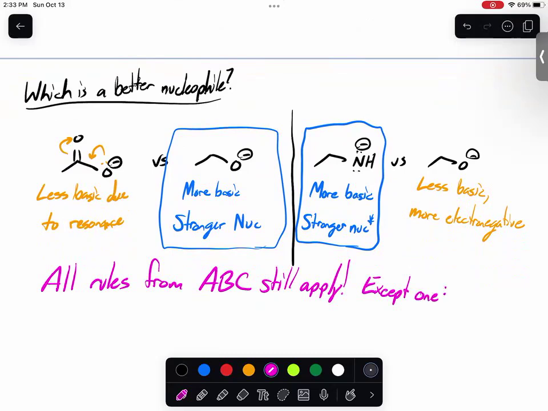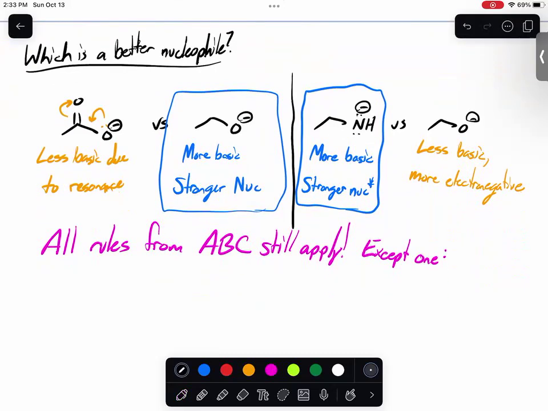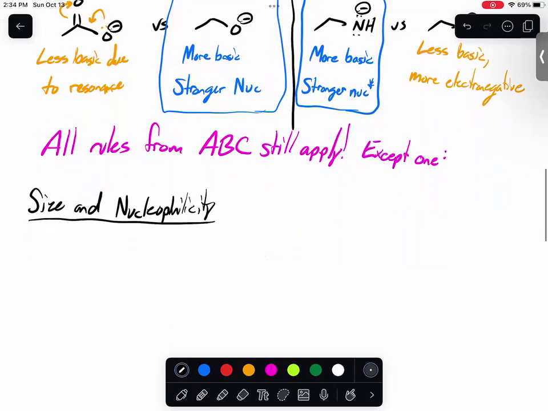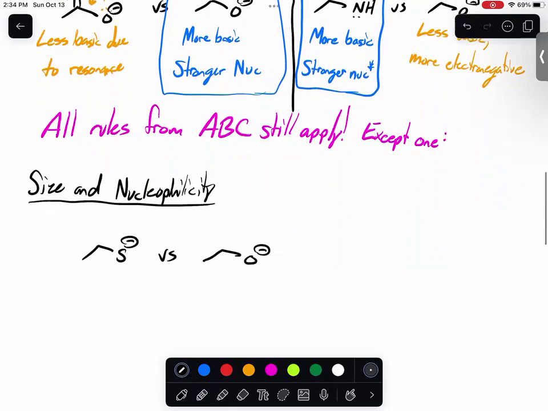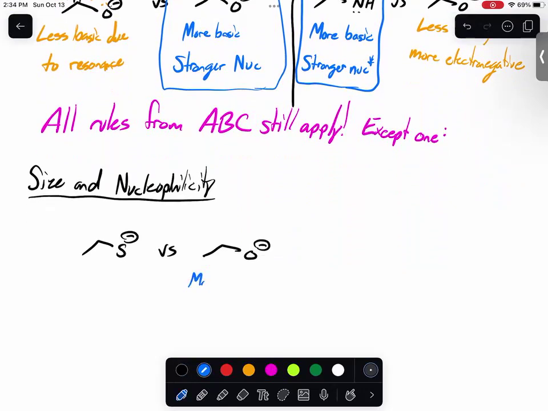And this one is a little more interesting, and it has to do with size and nucleophilicity. Now, you may remember back where we talked about acid-base chemistry, we said that the bigger something is, the happier it is to act as an acid, right? It likes to get rid of a proton. And if we were comparing something like S minus versus O minus, we would say that the O minus is more basic, right?